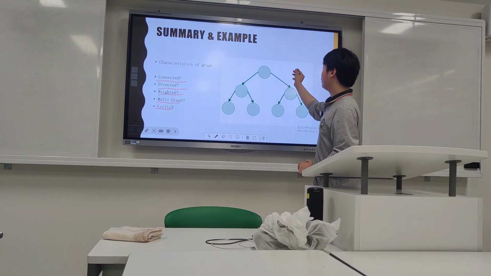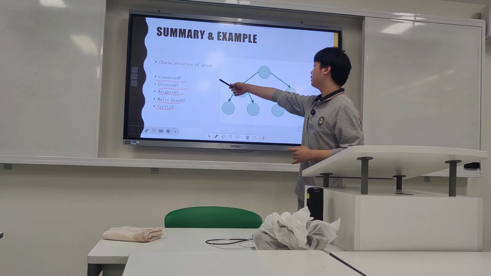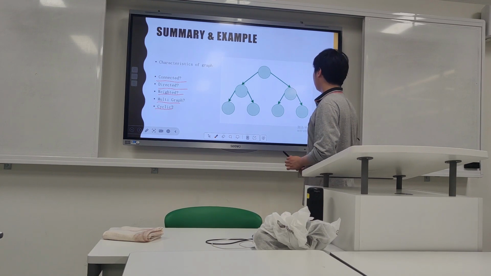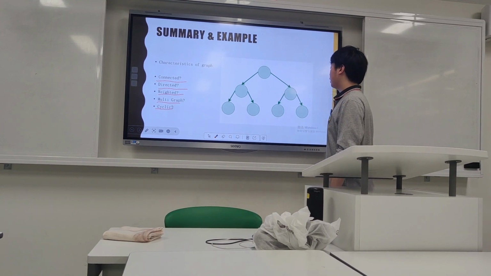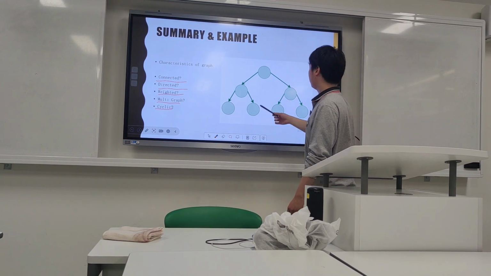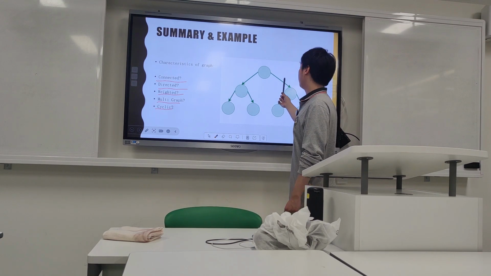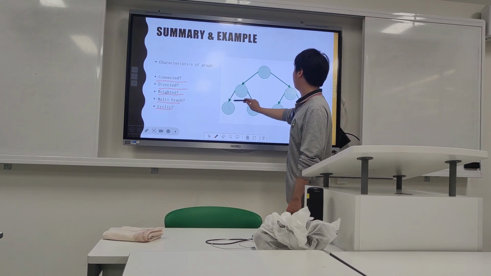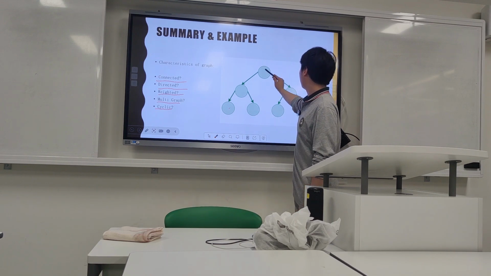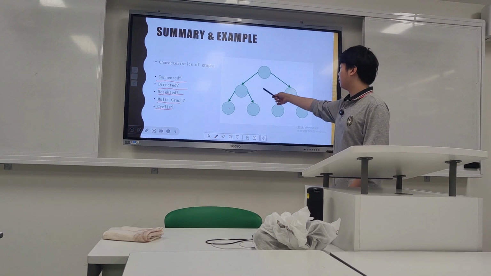We first think of whether it is connected. The tree graph is certainly connected because you can get from any node inside the tree to a given node. For example, you can get from here to here, and from here to here, then here.